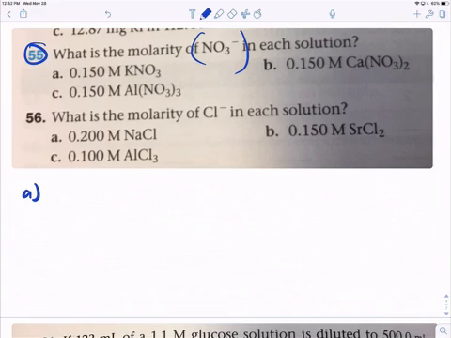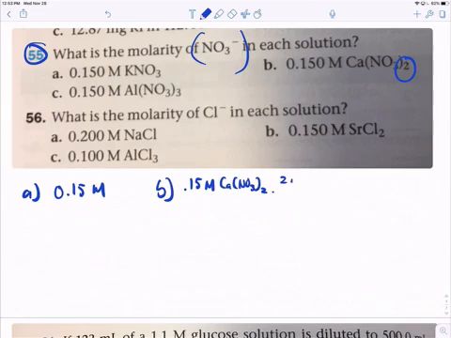This one, it's a 1-to-1 ratio. It's going to be 0.15 molar. B, there's a 2 there, so the formal way to write it out would be 0.15 molar calcium NO3 twice, times 2.